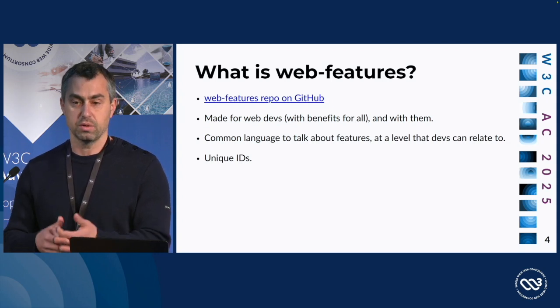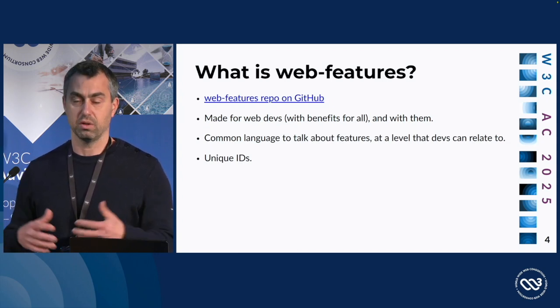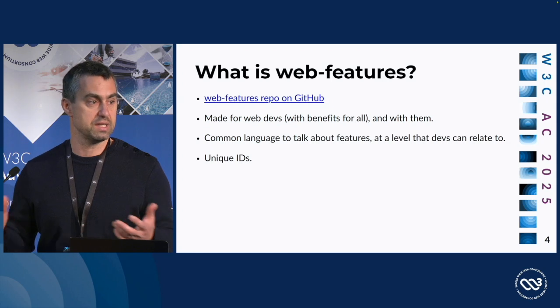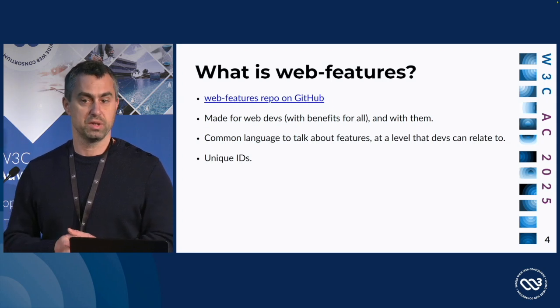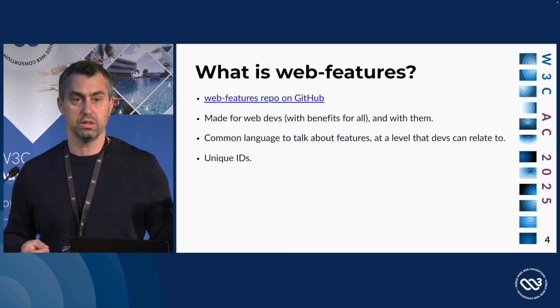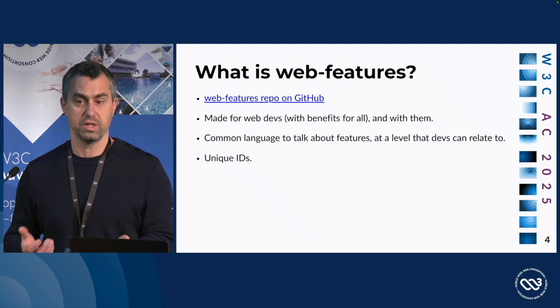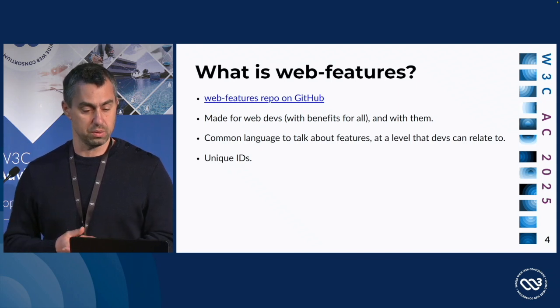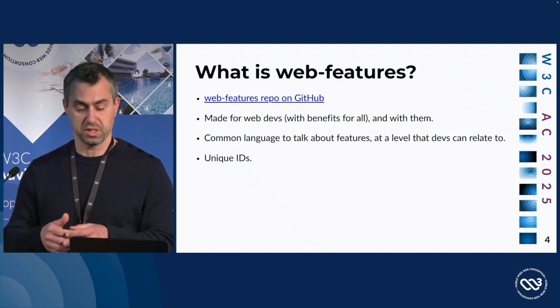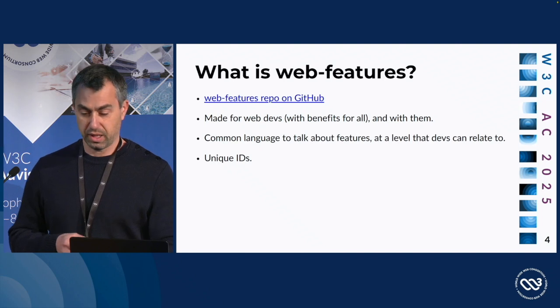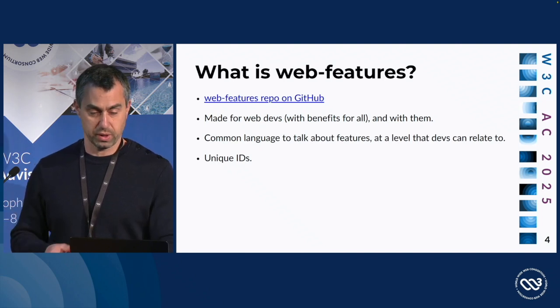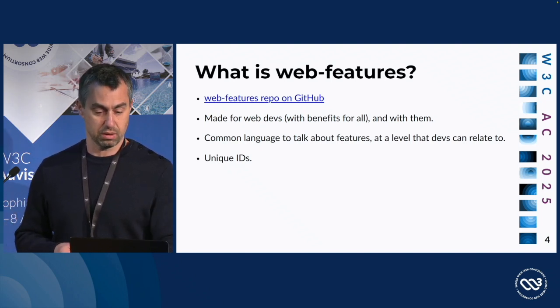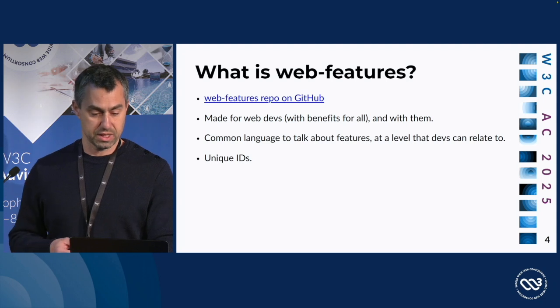Some features may be really big because they have a lot of APIs, a lot of interfaces that you can use from JavaScript, and some of them may be very small, like inert, that Lola mentioned before, which is just one feature because it's the one thing that's new and that does something very specific. And it's not a problem at all for us. It's just the way we've designed this catalog, it works with any size features.